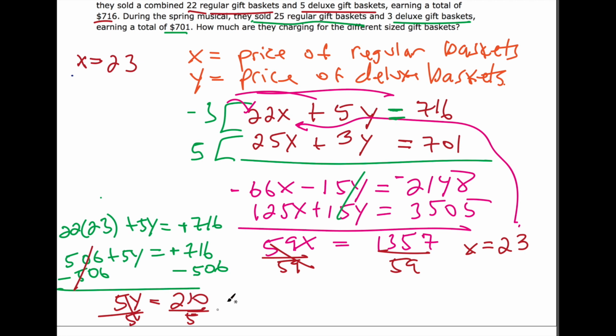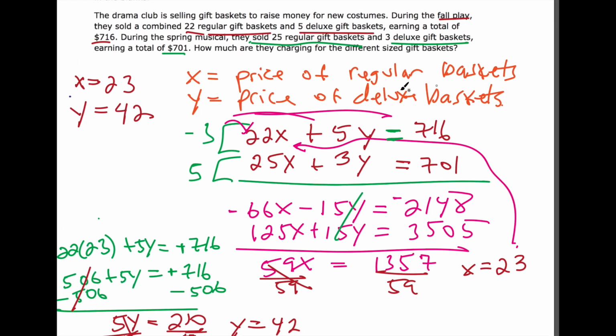And we get y is equal to 42. That means these deluxe ones, these are the baskets that the grandparents buy. So y equals 42. That's the price of the deluxe ones, 23, price of the regular ones. And that's it. Okay, next problem.